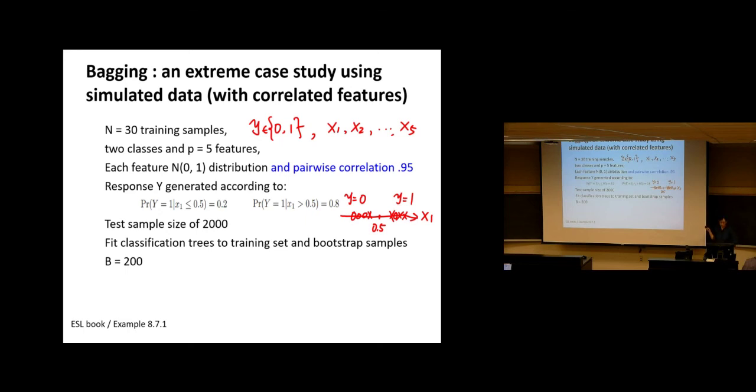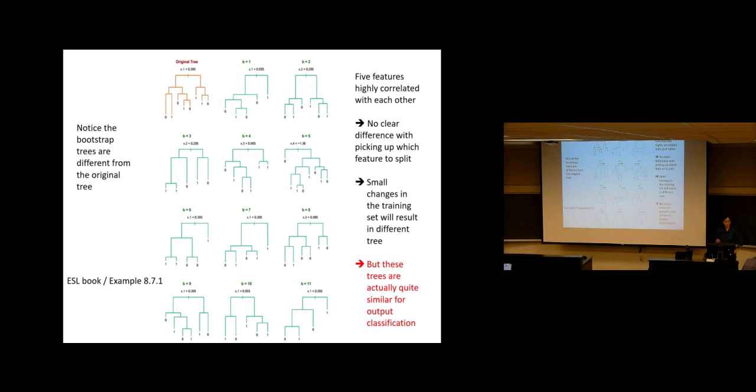Okay, so now you learn 500 trees. What you're going to learn are many different kinds of trees. They look very, very different from each other because you randomly sample your training data, right?